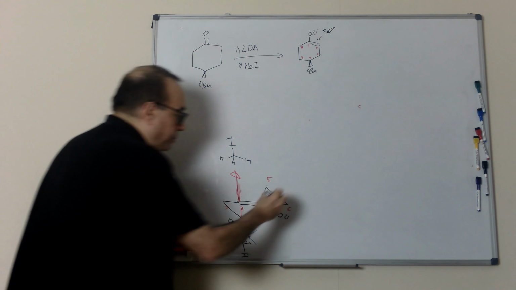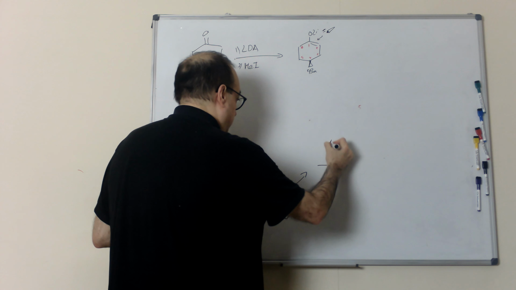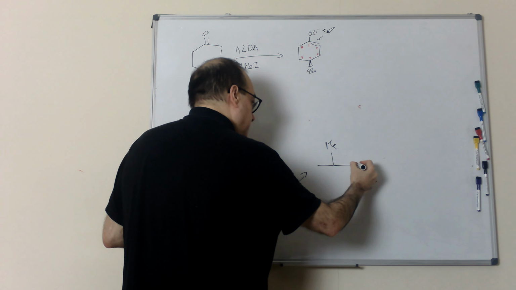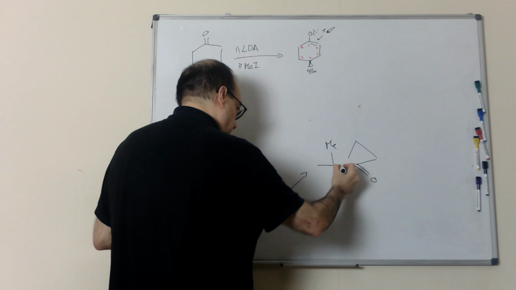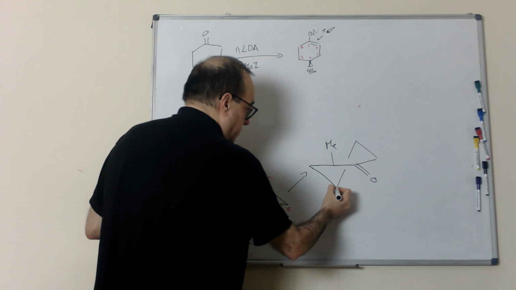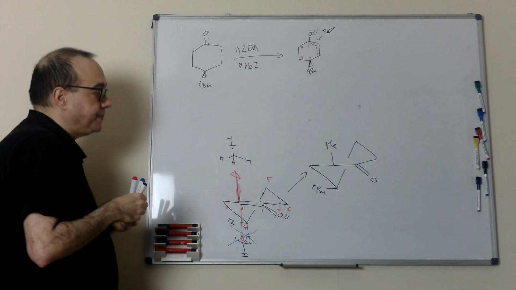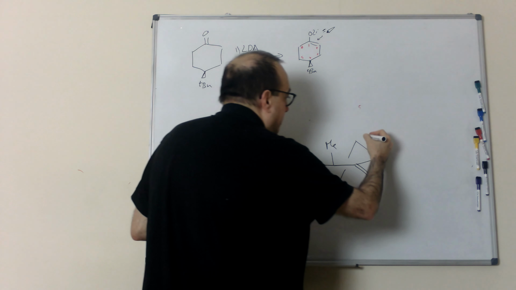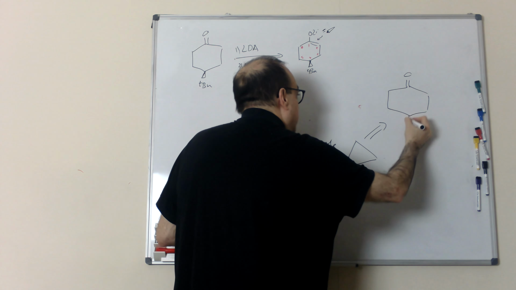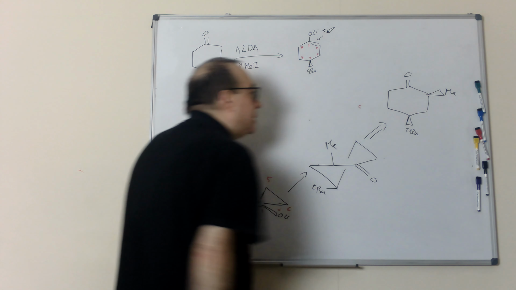That means if the approach is up, I will have this compound, okay, that if I draw it in the right way, I will have this as a major compound.